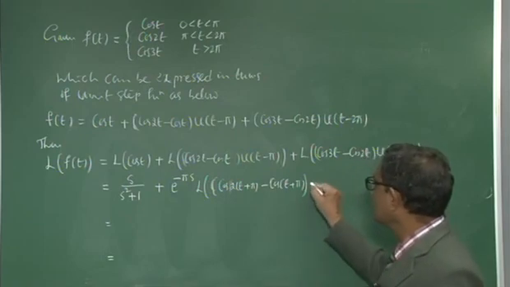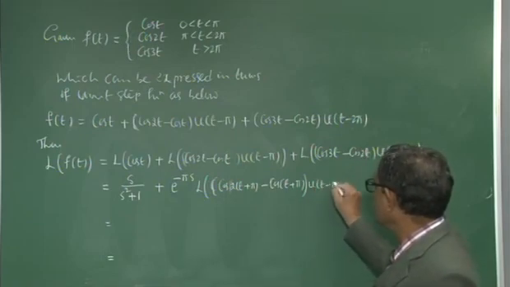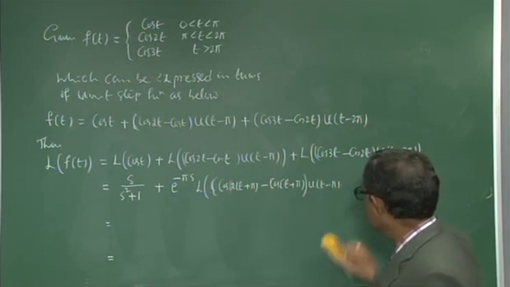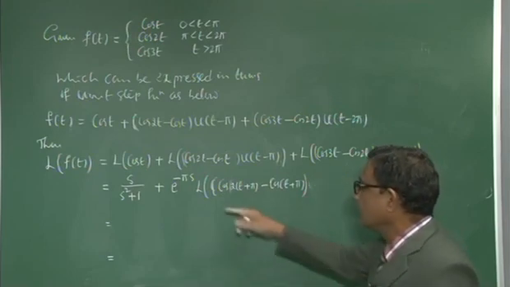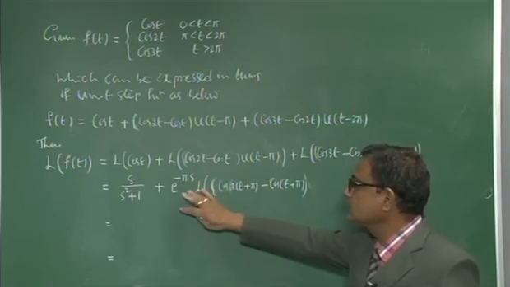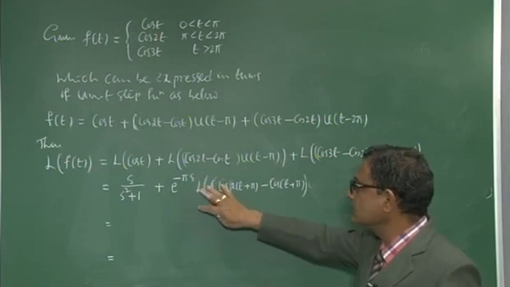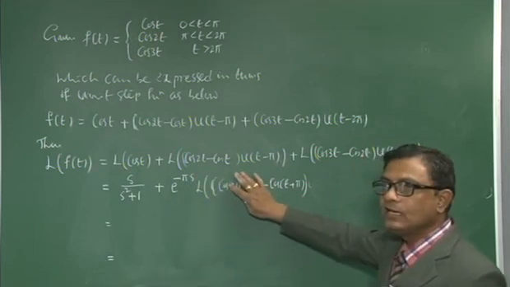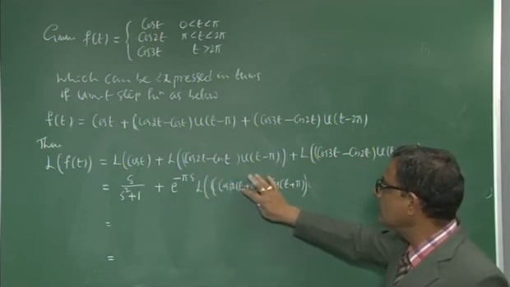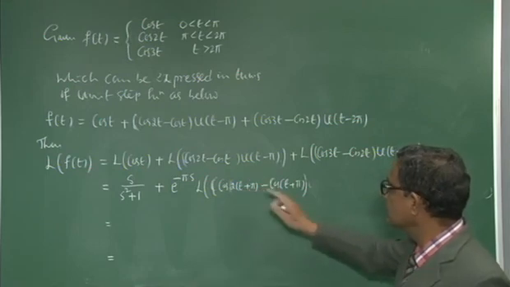The unit step function has already been taken into e raised to minus pi s, e raised to minus a s L of f of t plus a, t changes to t plus a, that is t plus pi.